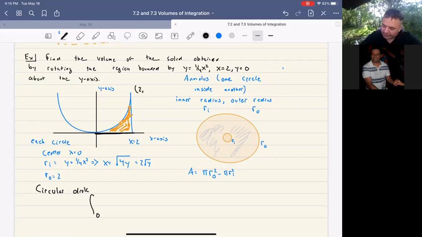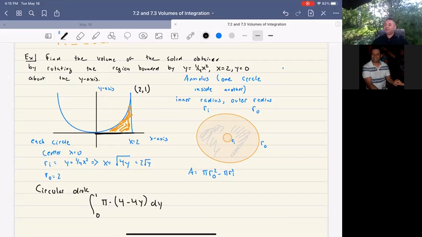Remember, it's given by x equals 2. So if x equals 2, what's the y coordinate? The y coordinate is going to be 1. I'm just plugging x equals 2 in there to get y equals 1. Pi times outer radius is 2. Remember, it's squared. Minus inner radius is 4y. Well, it's 2 root y, but when you square it, it's 4y, dy.